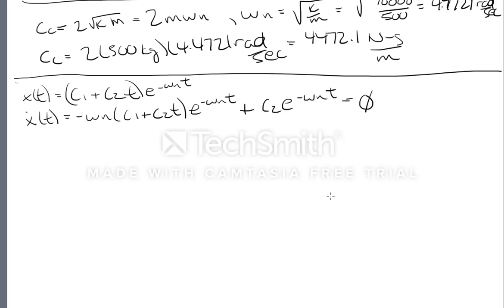Okay. Now, we can move this term over here, and then that drops a negative. We should be able to cross out the e exponents, and that'll simplify our equation a little bit. So we're going to go C2 e to the negative omega n t equals omega n times C1 plus C2t, e to the negative omega n t.